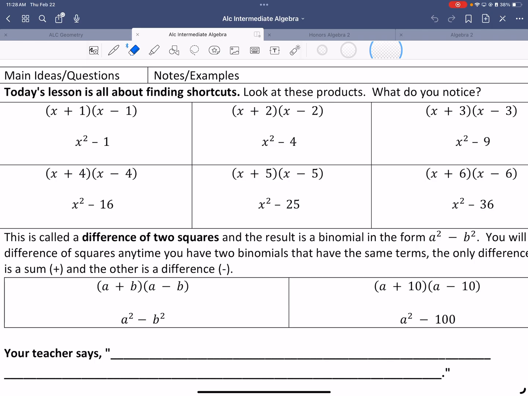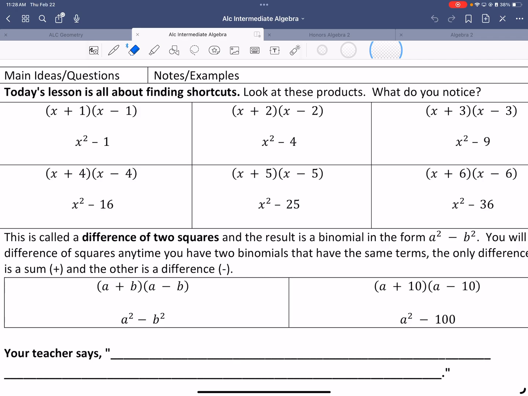So if we look at these shortcuts, the different ones I have up here: x plus 1, x minus 1. If you did the box method, your end result is going to be x squared minus 1.